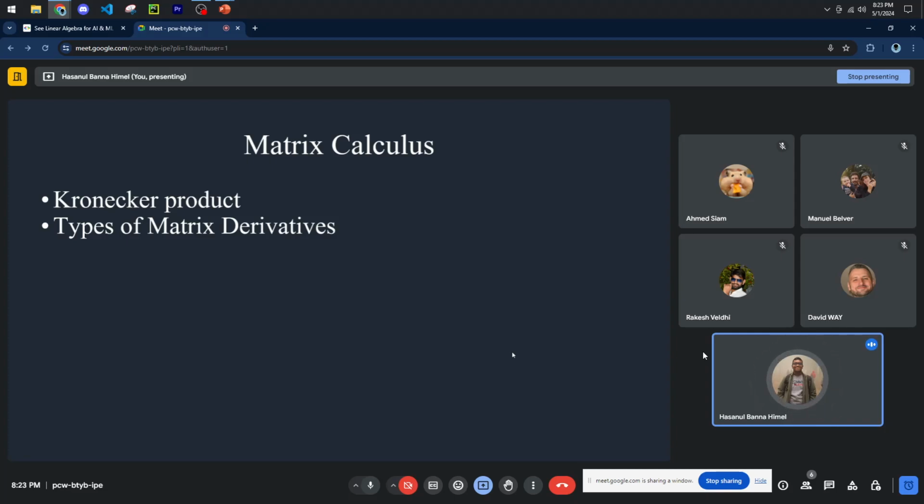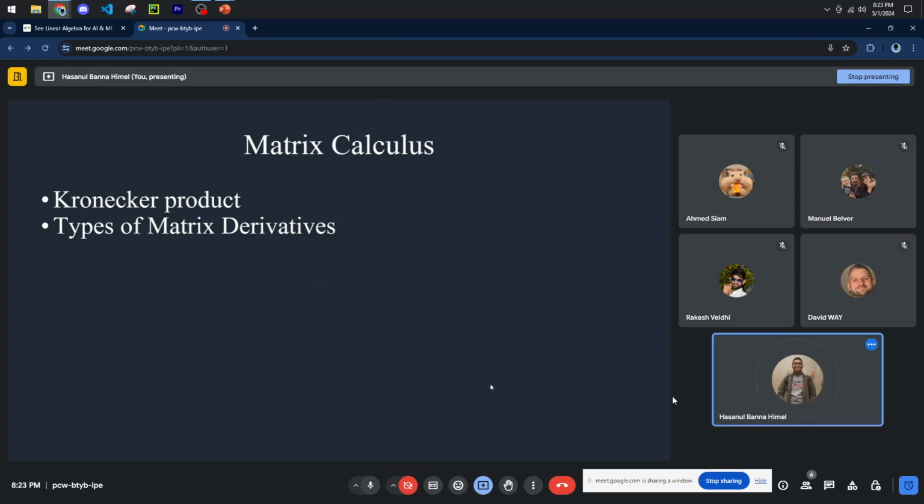And when we go further, like when we do linear transformations, linear regressions, and work with big data, we need to know about these calculations. All right, thanks.